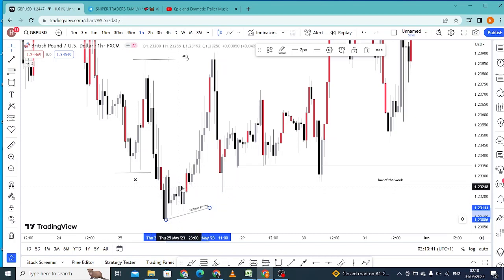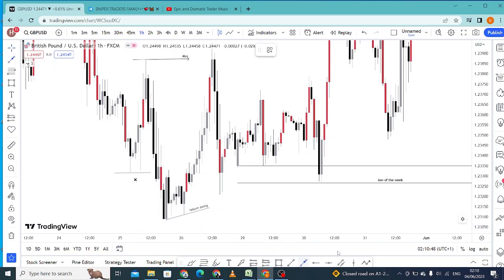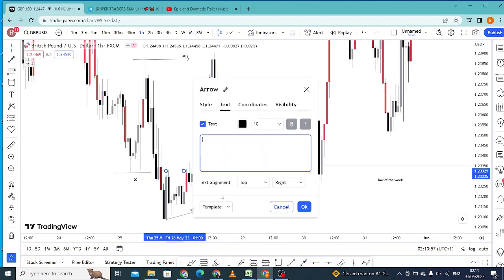Then we had a market structure shift on a lower time frame here. This was the first market structure shift that happened, the minor market structure shift.